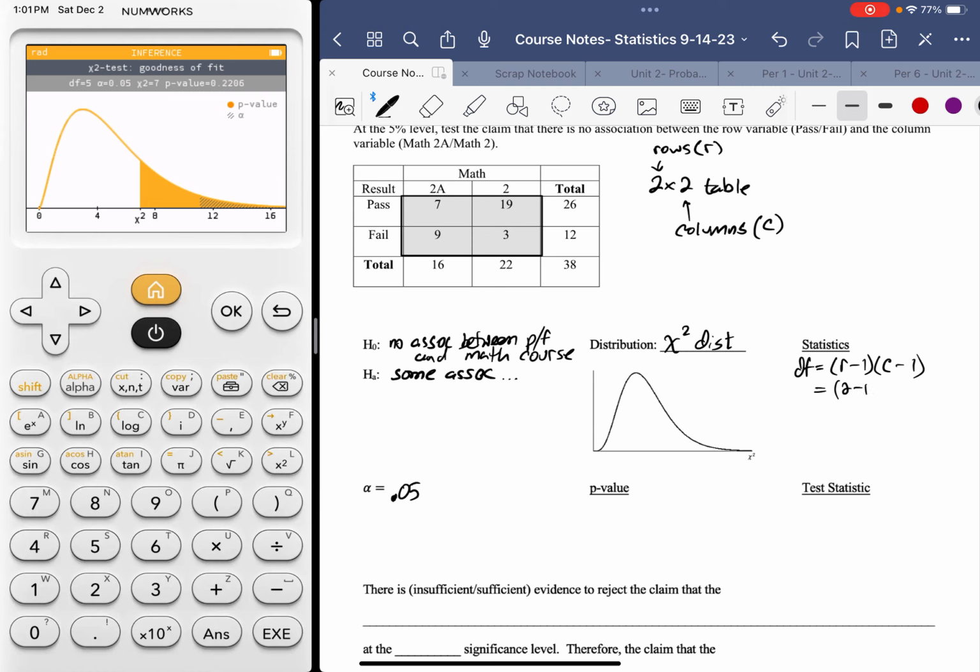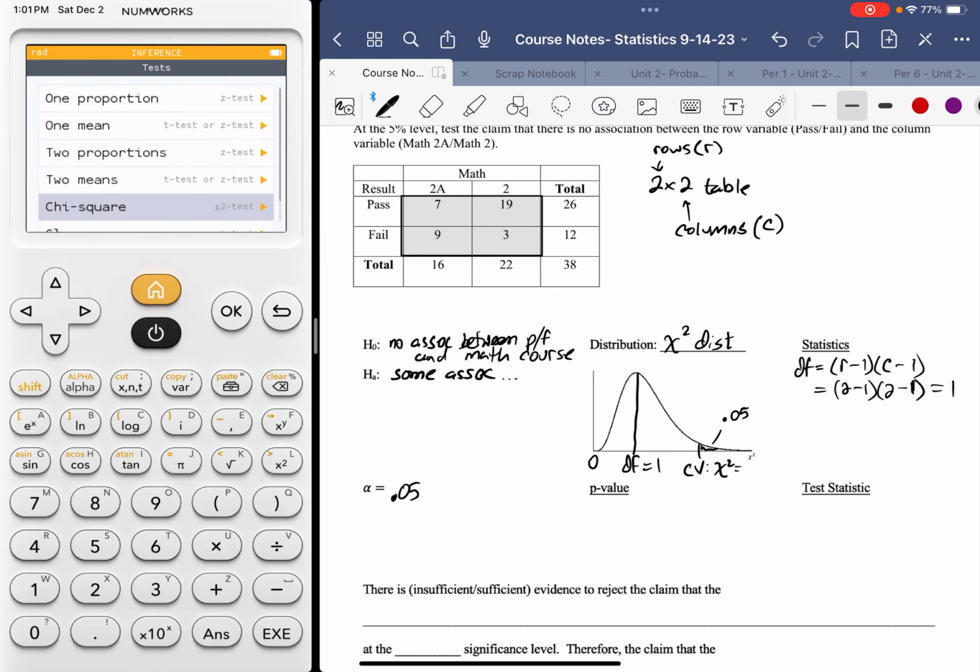And so 2 minus 1 is going to give me 1. So 1 degree of freedom. That's what goes right in the middle of the hump there. Here's my 0. Somewhere over here associated with the 0.05 is going to be my critical value for chi-square.